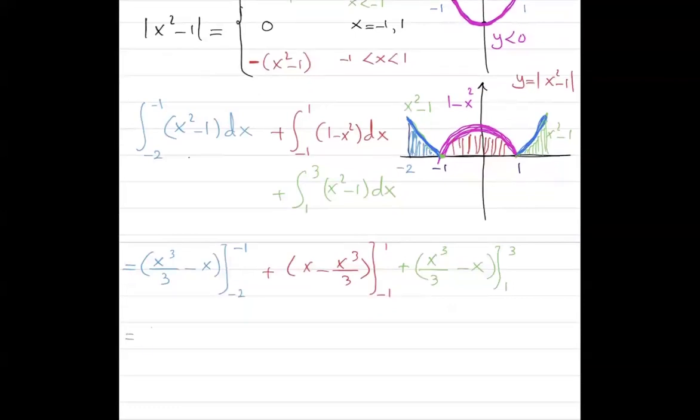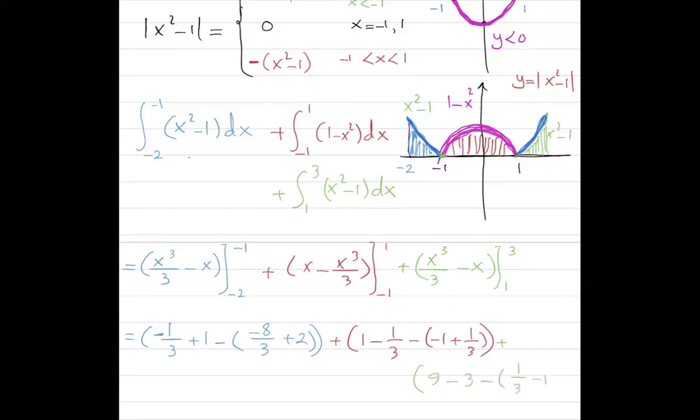So this guy is negative a third plus 1, minus, now plug in -2, you get -8 divided by 3 plus 2. The middle integral is 1 minus a third, minus -1 plus a third, and the last integral is 9 minus 3, minus a third, minus 1.